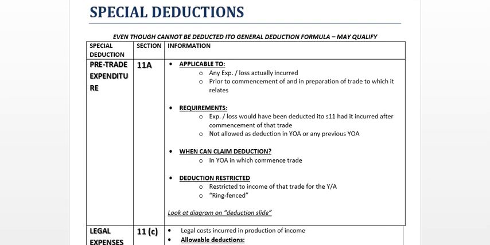Okay, special deductions. That's the focus of today. This section goes into a lot of detail, and it includes many other special deductions which are not covered in your study guide. So it is worth going through this, studying it and understanding it.